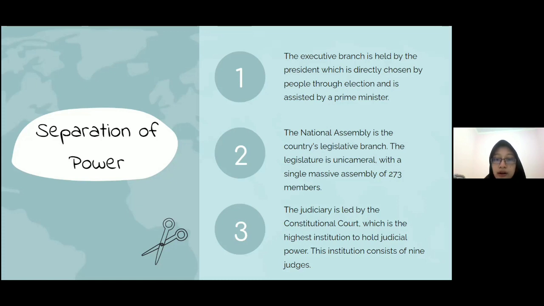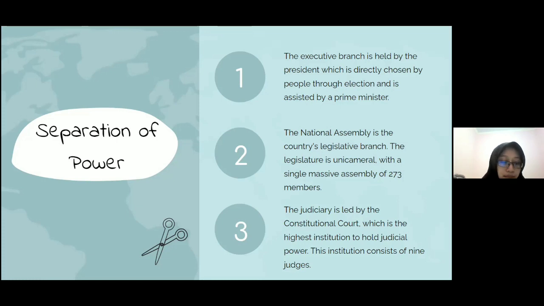Secondly, the country's legislative branch is the National Assembly, and the legislature is unicameral with a single massive assembly of 273 members. Lastly, the judiciary is led by the Constitutional Court, which is the highest institution to hold judicial power, and this institution consists of 9 judges.